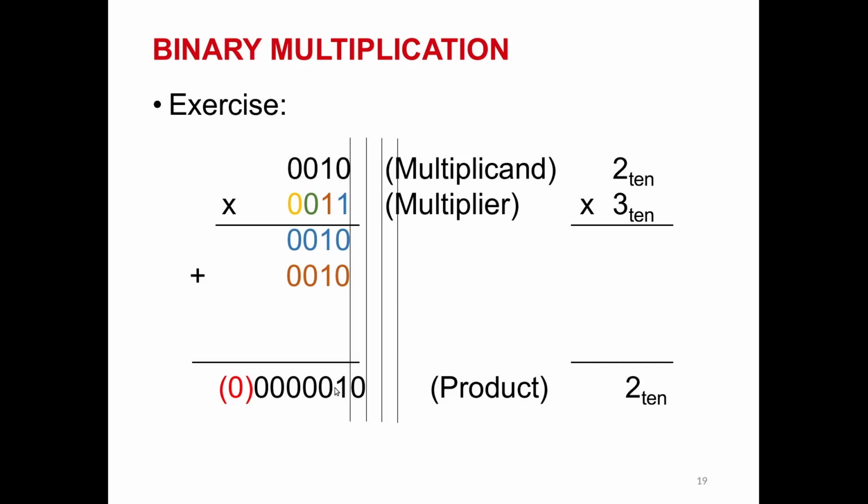So we add these 4 bits with this bit until this line, and so we will have value 6. You can see this row 1 will be located here, and then we shift the product 1 bit to the right.